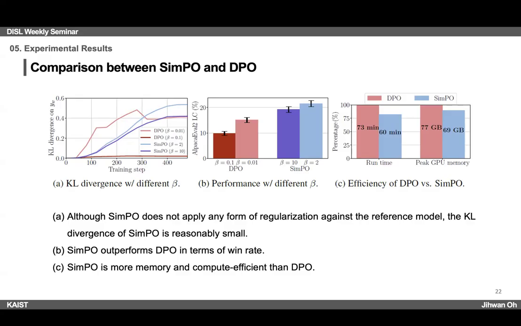But I'm not sure how they ensure against the risk of that kind of divergence from the reference model. They empirically show that the KL divergence between the current model and the previous model is not too big.